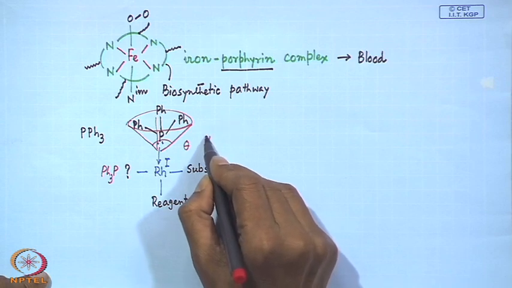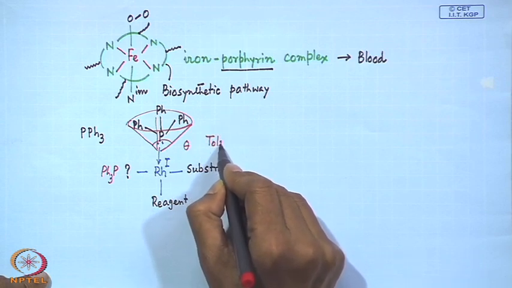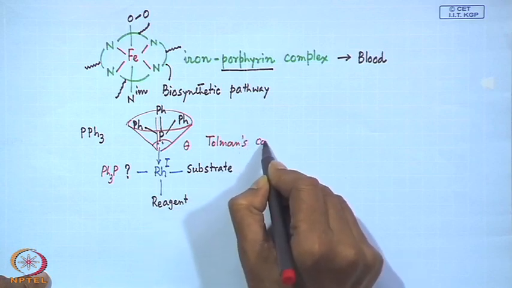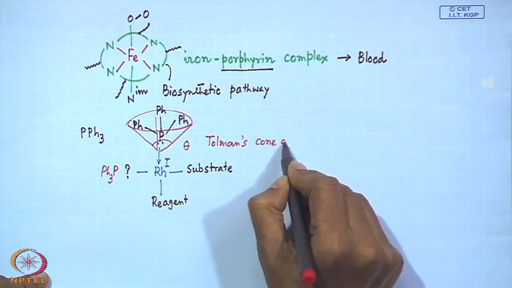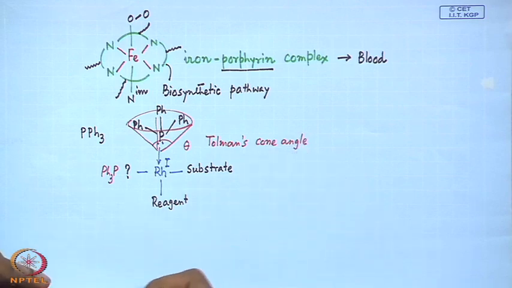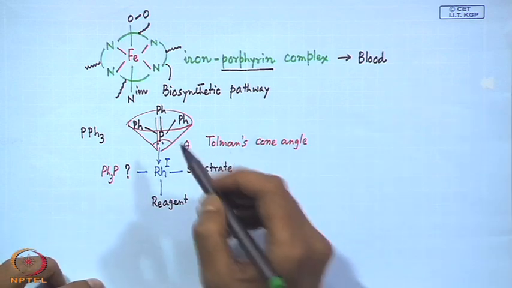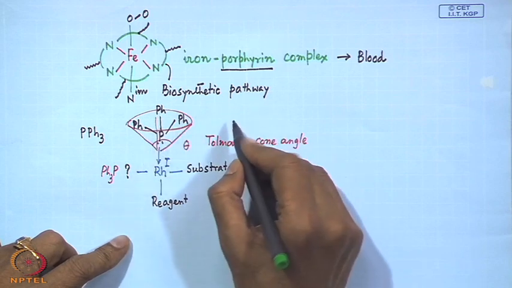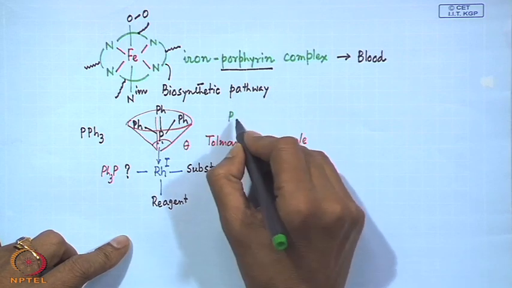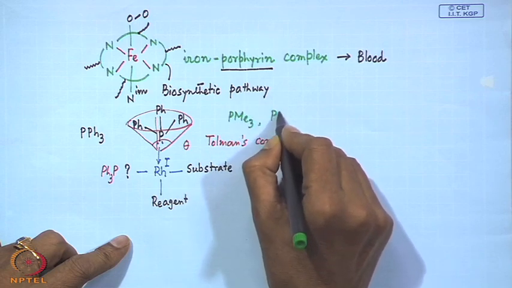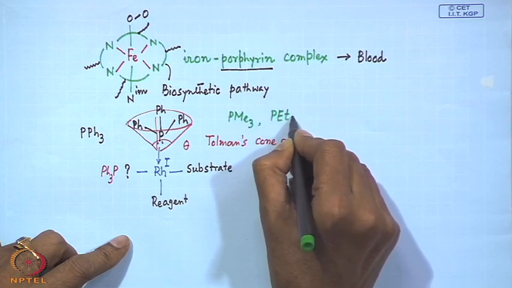which is Tolman's cone angle. So, if we vary from one system to the other, only within the phosphine we can have a large number of substitutions, by getting PMe3, by getting PEt3 and all.